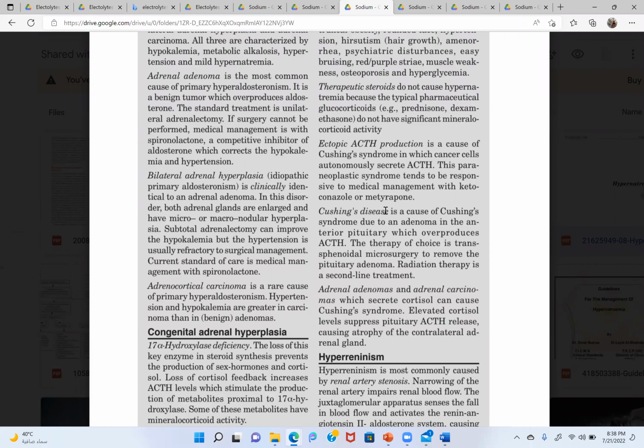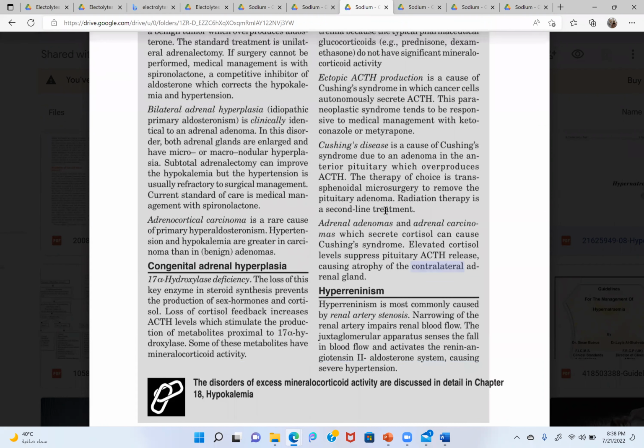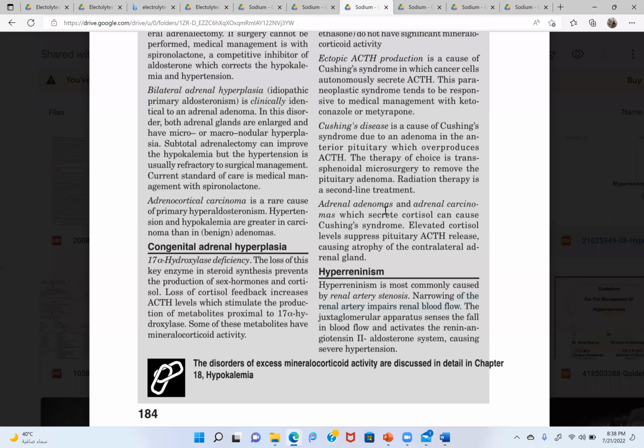So there is ACTH production, and you see, in some neuroendocrine tumors there may be ectopic ACTH production as well, not coming directly from the pituitary.